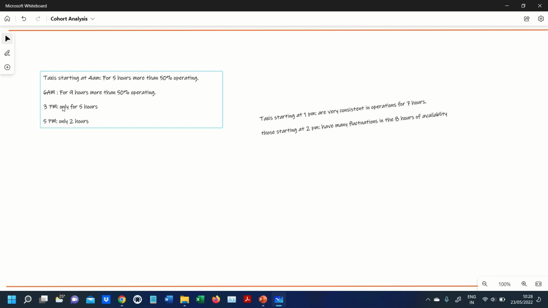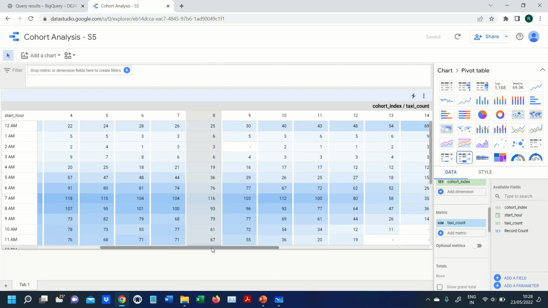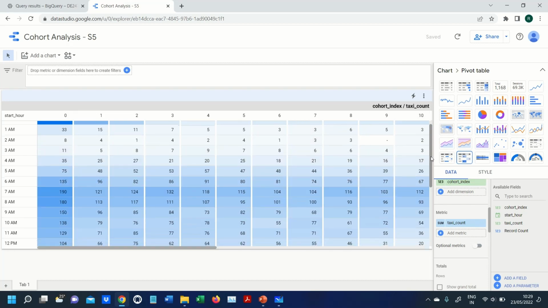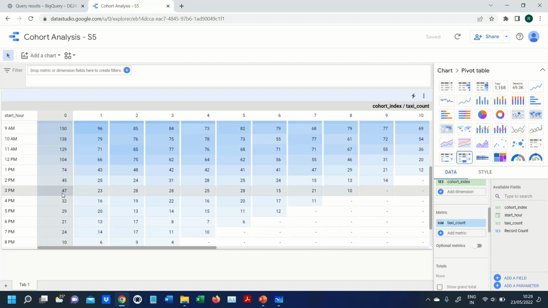And if the team is starting at 3 p.m., there are only 5 hours they're operational. If you look at the cohort that is starting at 3 p.m., 47 have started. Okay, and they started declining, and there is a steep decline here, 15, 21, 10 immediately after 5 hours.